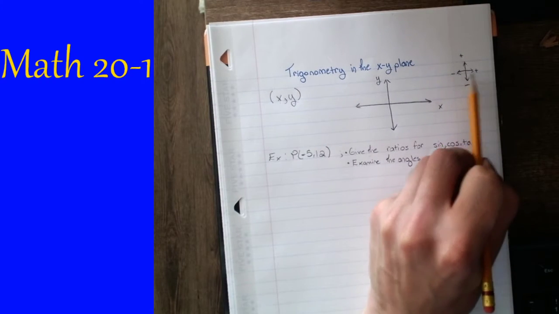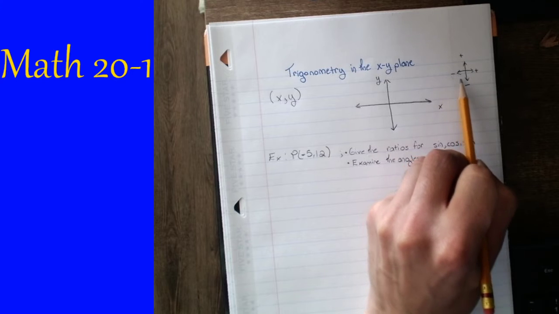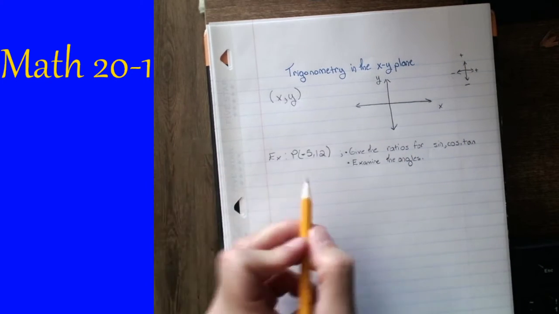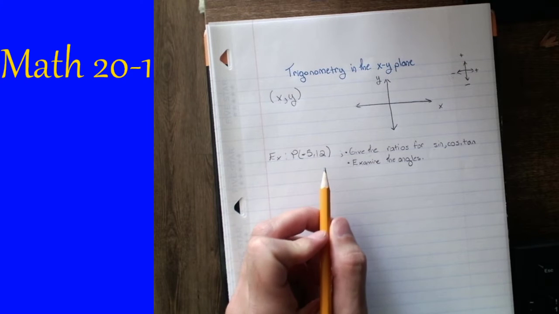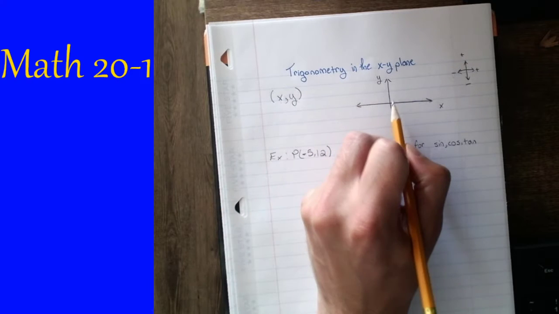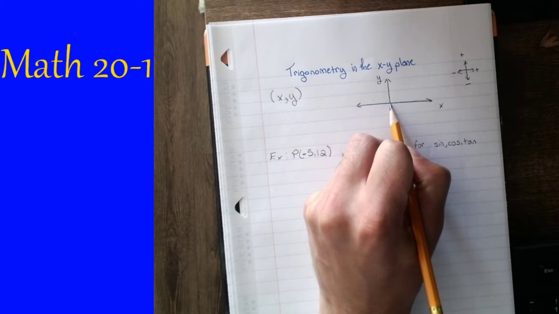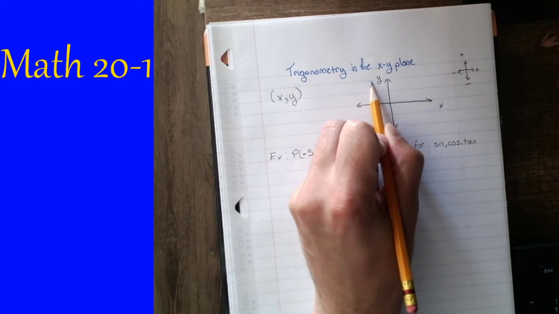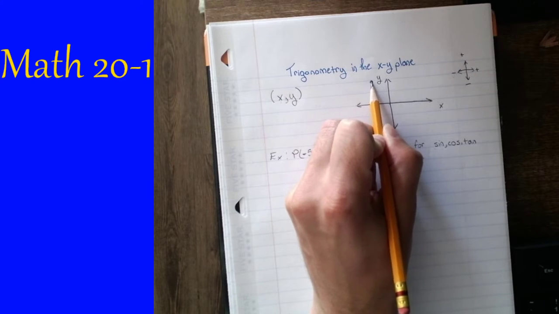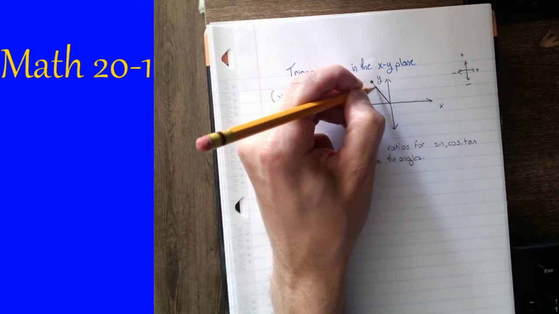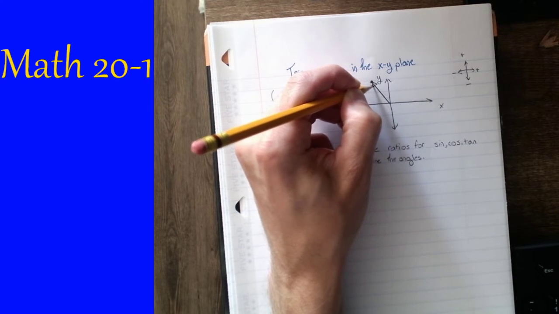So x is positive here and negative there, and vice versa for y. So if we look at -5 comma 12, we should understand that this is going -5 in the x direction and up 12 in the y direction. So we could say that that is roughly around here. And so this is our point.